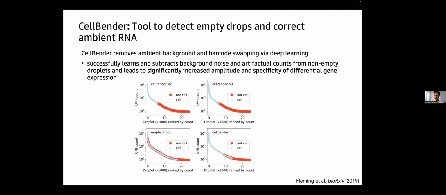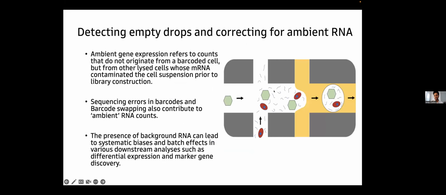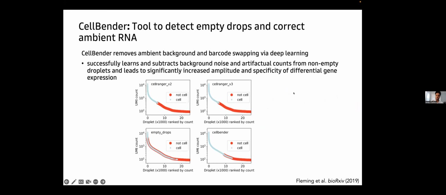Ideally, the counts from these floating RNAs will be subtracted from our count matrix so that we retain only RNA that came from the intact cells.